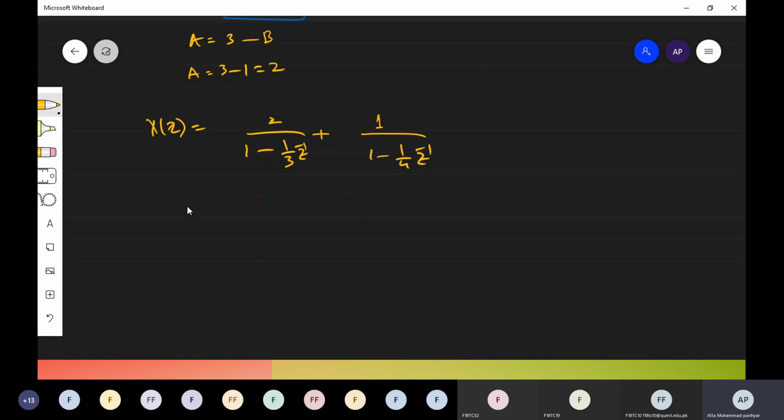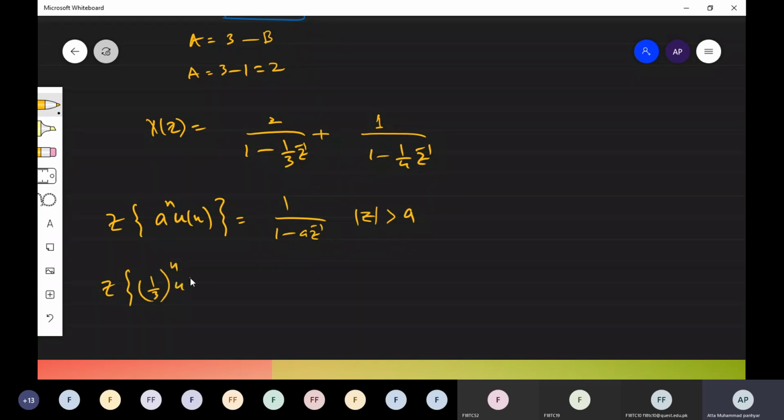Now if you remember, we had a popular transform a power n u of n. If you compute the z transform of this, we get 1 upon 1 minus a z inverse, given that z must be greater than a, right? So using that identity, if we say 1 upon 3 whole power n u of n, because now I have substituted a with 1 by 3, this must be equal to 1 upon 1 minus 1 upon 3 z inverse, and z must be greater than 1 over 3.